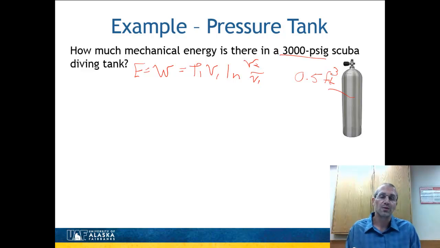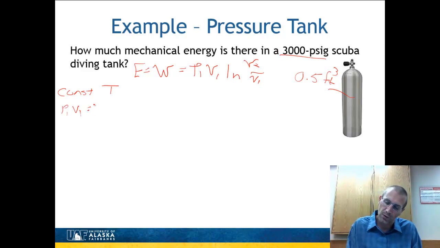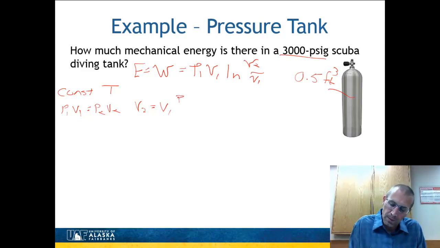But now we need to know the final volume in order to calculate the amount of work that was done. Again, we will assume a constant temperature, which allows me to use the combined gas law that says P1 V1 equals P2 V2. Therefore, V2 is equal to V1 P1 over P2.